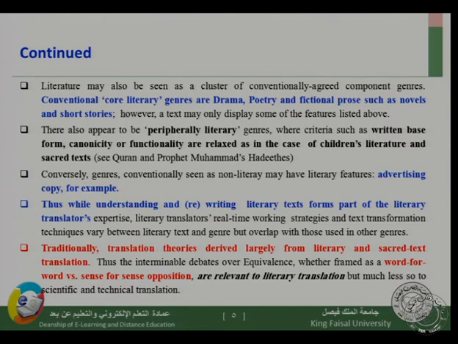Regarding sacred texts, we will touch on the translation of the Quran, inshallah, and see how they approached the translation of the Quran and the translation of the Hadith, inshallah. So I will give a lecture on the translation of the Quran and another lecture on the translation of the Hadith, because they are considered under the category of literary texts or literature.